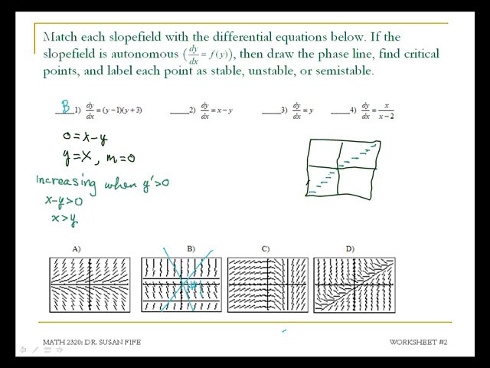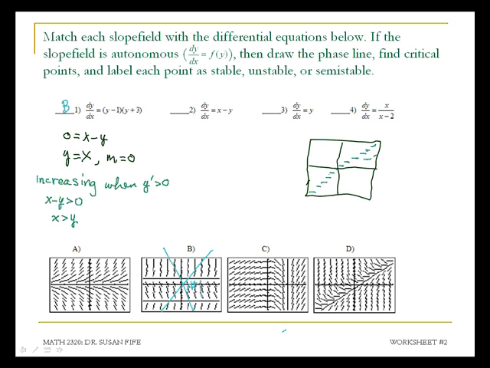Okay, well, where is x greater than y? X is greater than y to the right side of our horizontal line segments. It tells me that to the right side, my graph is going to go up. To determine just how fast it goes up, we could choose some points and check them. In fact, let's do that.